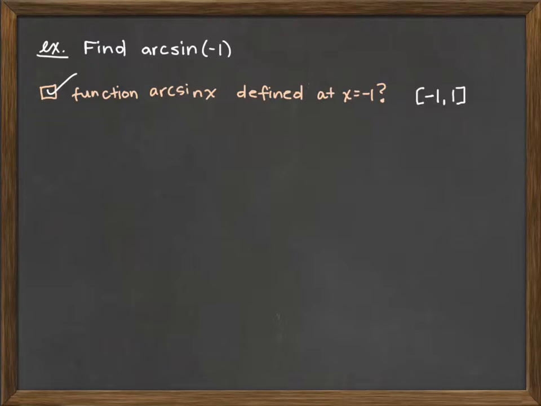So if we draw a coordinate plane and we look for a -1, that's going to be over here. -1, 0, and we've got a 0, -1. This is going to be 1, 0, and then we've got 0, 1 up here.